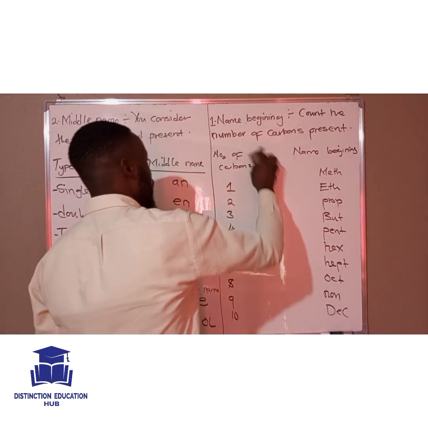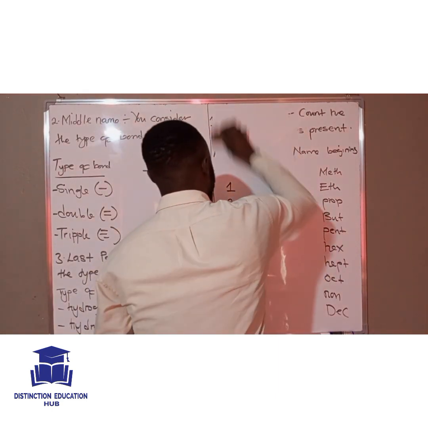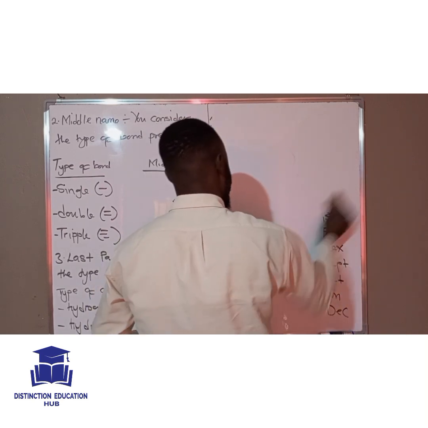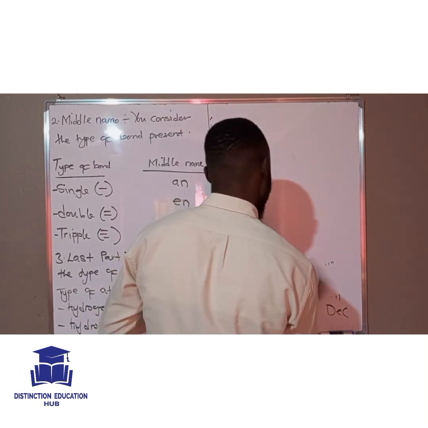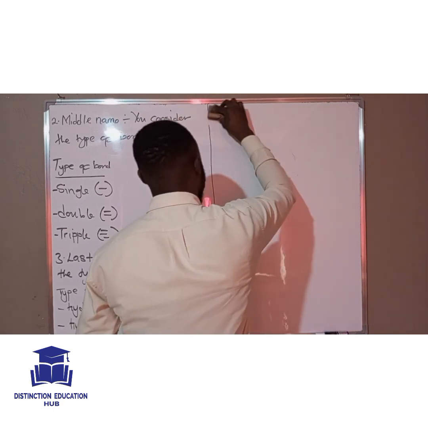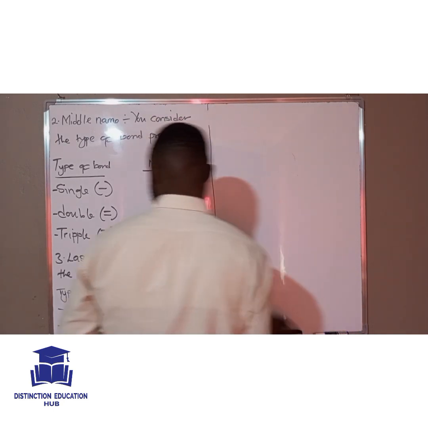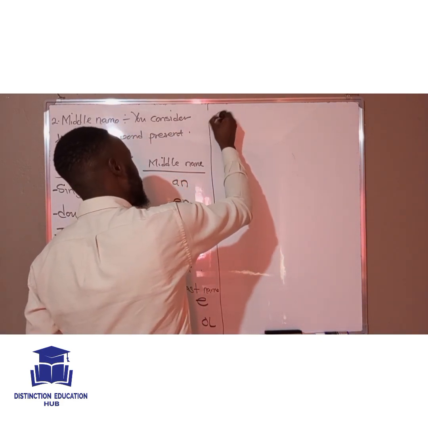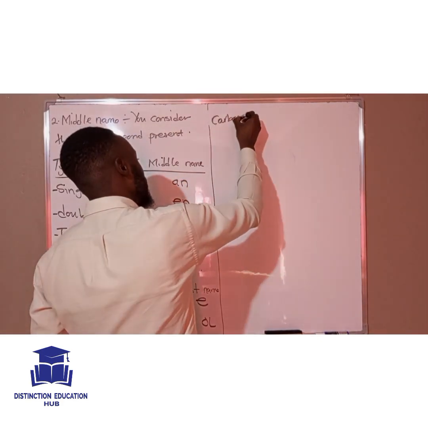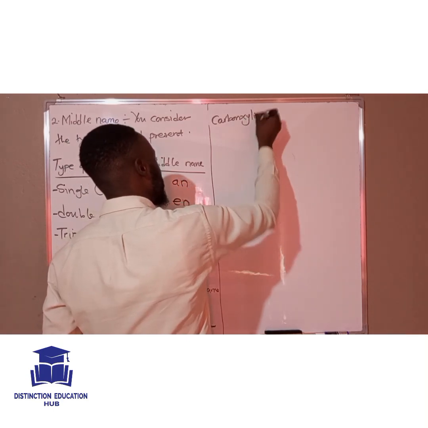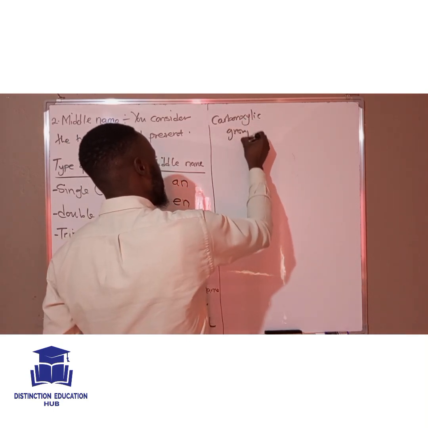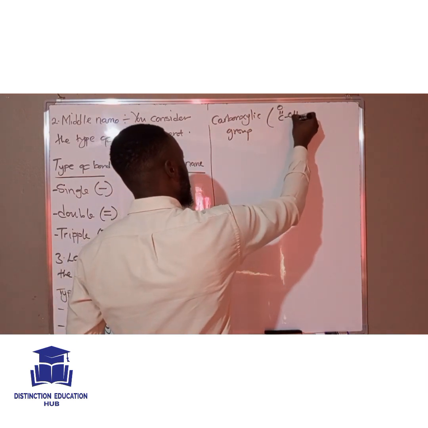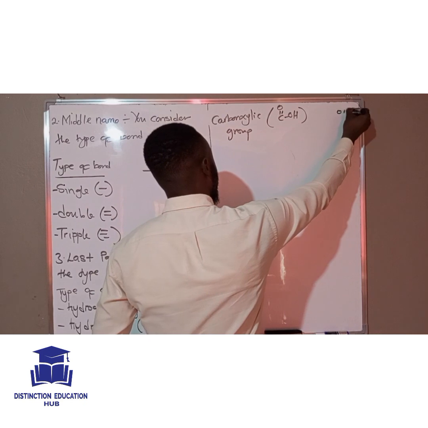Then if you have the carboxylic group, how does a carboxylic group look like? It looks like this. The last part is OIC.